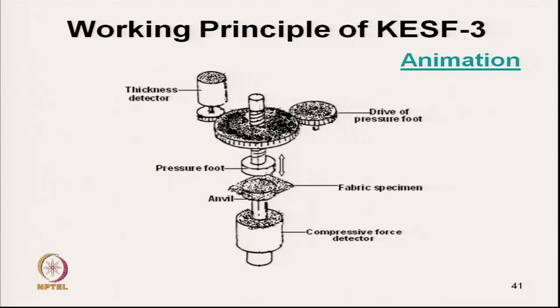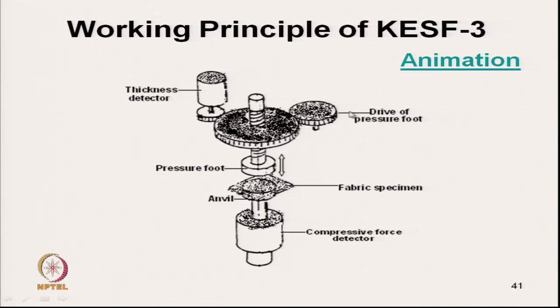Now, this is the schematic diagram of the instrument. Here this is the fabric specimen placed on the anvil. The anvil is connected with the load sensor, which detects the compressive force, and the pressure foot moves up and down, controlled by the drive system of the pressure foot.